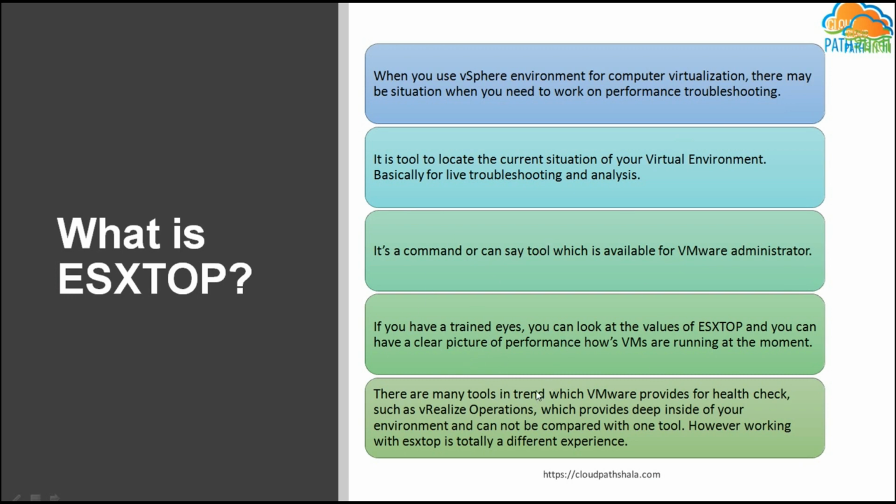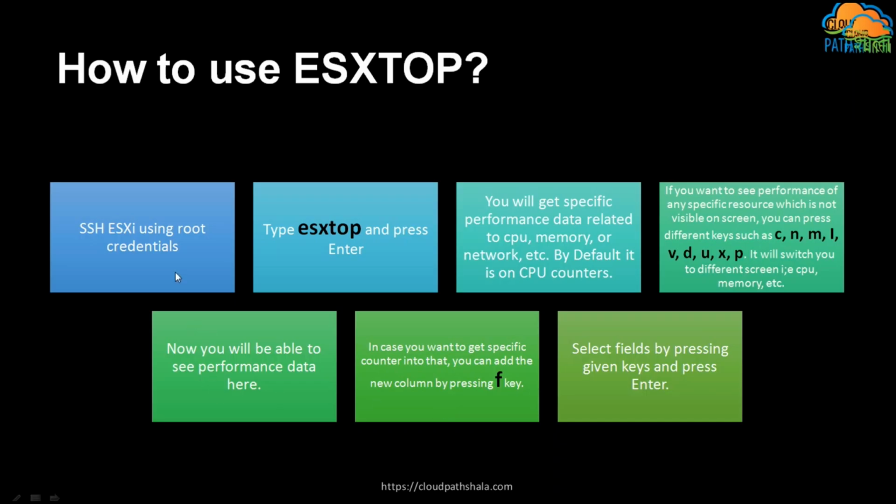As you can see in this slide, I have prepared this to tell you how a VMware administrator can take a lot of benefits from running this tool. It is used for troubleshooting and the deep analysis you want to do while troubleshooting disk related issues, CPU related issues, or memory related issues. To execute ESXTOP, you must log in with root credentials.